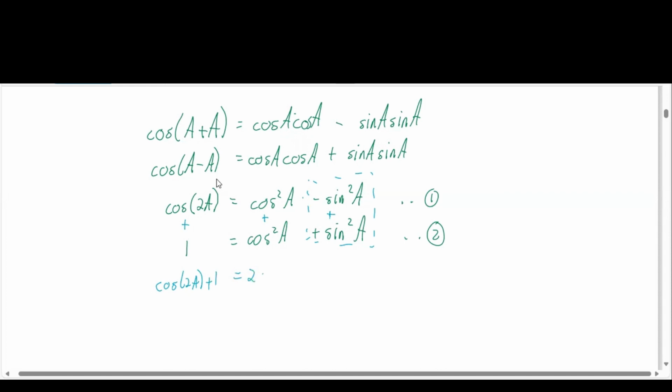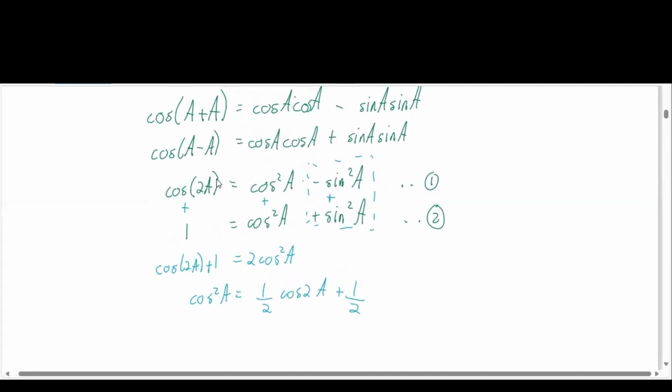This will give you 2 cos square A, and the minus and plus sine terms will disappear. So in this case, we could make cos square A the subject of the formula, and that would just be a half cos 2A plus a half.